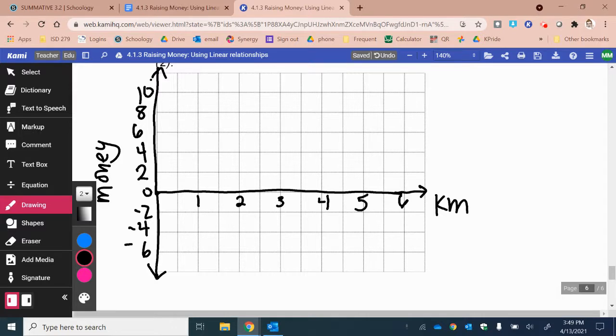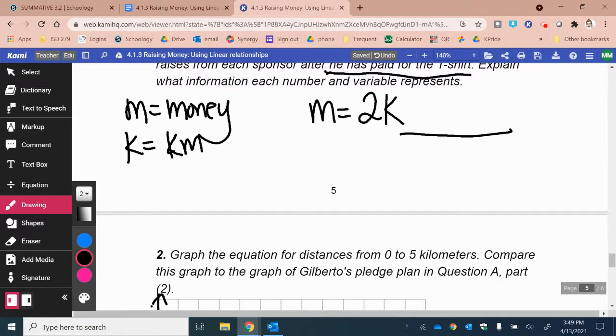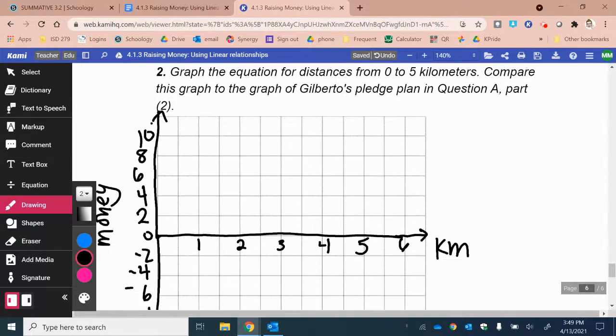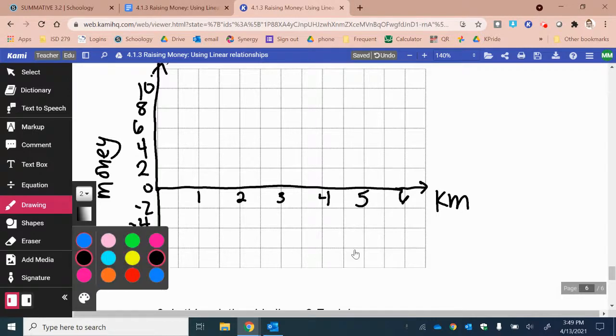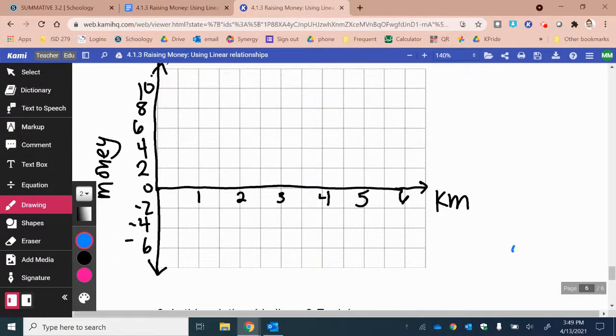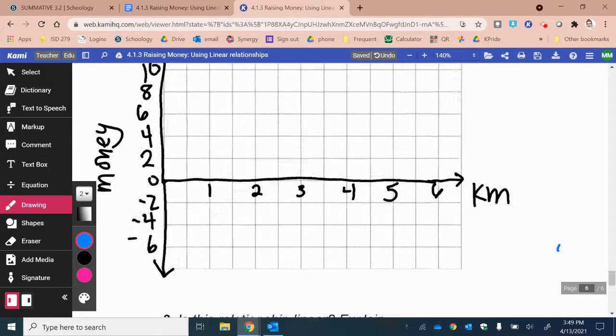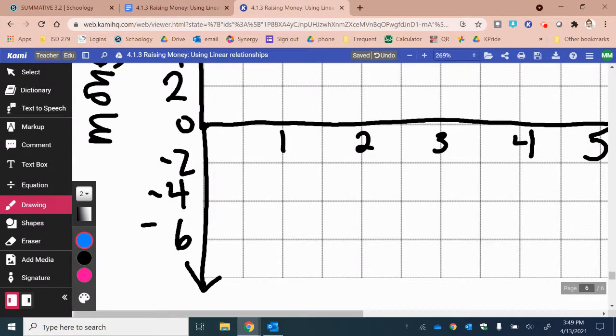So when you have created this equation, you're going to plug in these points and then graph it from there. One thing I'm going to point out is we all know that if he walks 0 kilometers, he's not going to have earned any money at all.